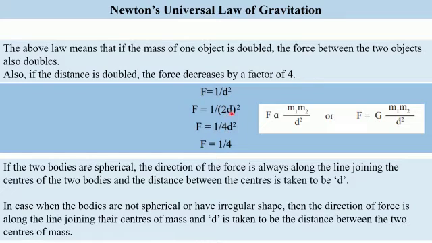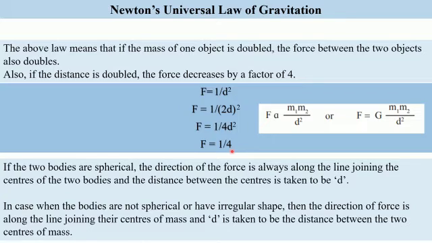It will become 2d square, and this comes out to be 1 upon 4d square. That is, if we double the distance, the force of attraction between them will decrease by a factor of 4, or it will become 1/4.